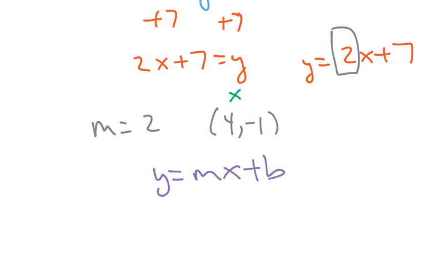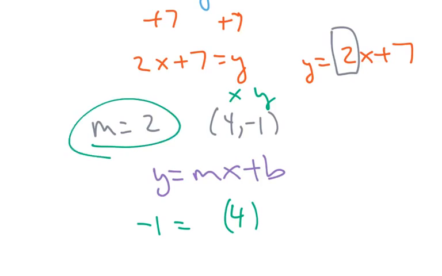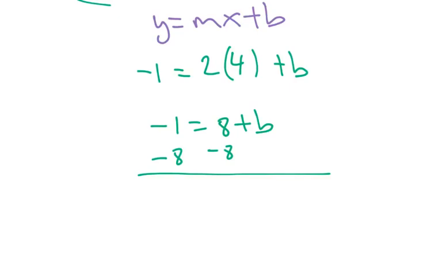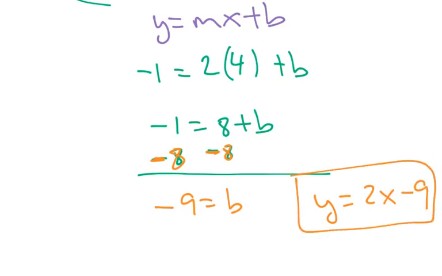We know x is 4, y is negative 1, m is 2, and solve. You know what, let me do that in a different color. So negative 9 is b, so the equation is y equals 2x minus 9, and there's my answer.